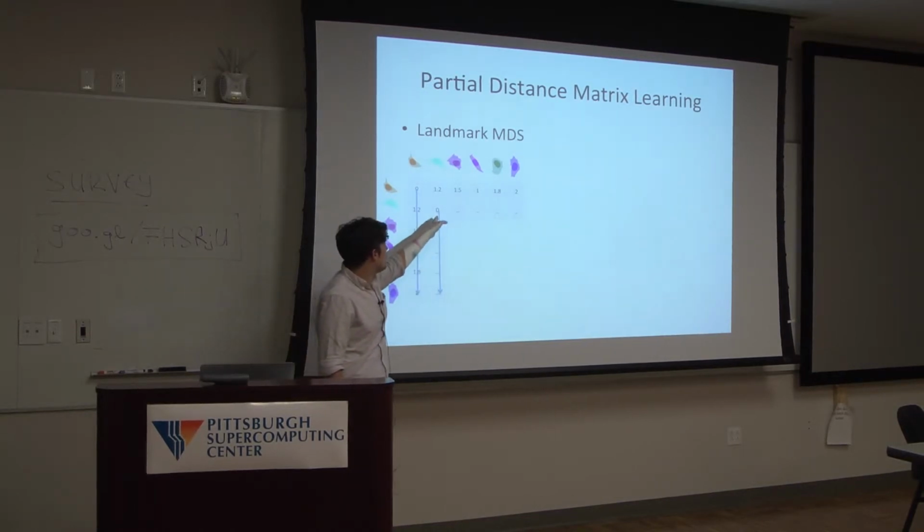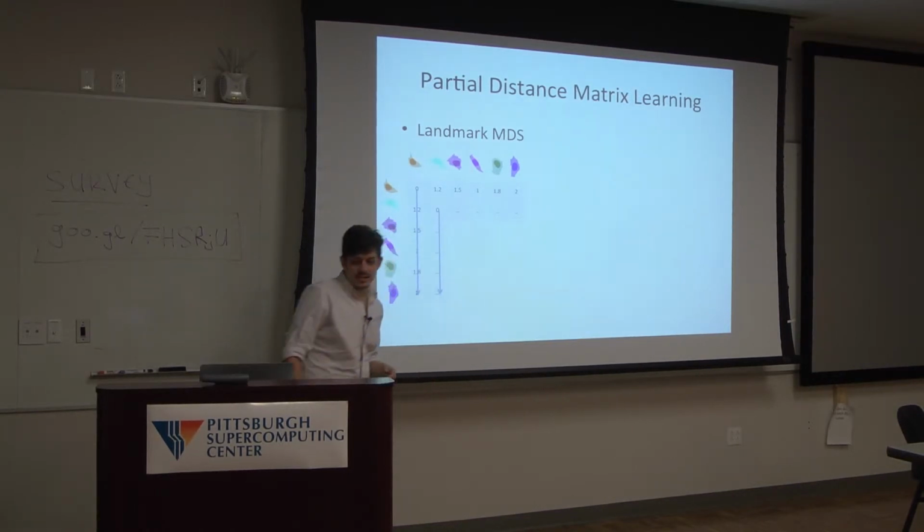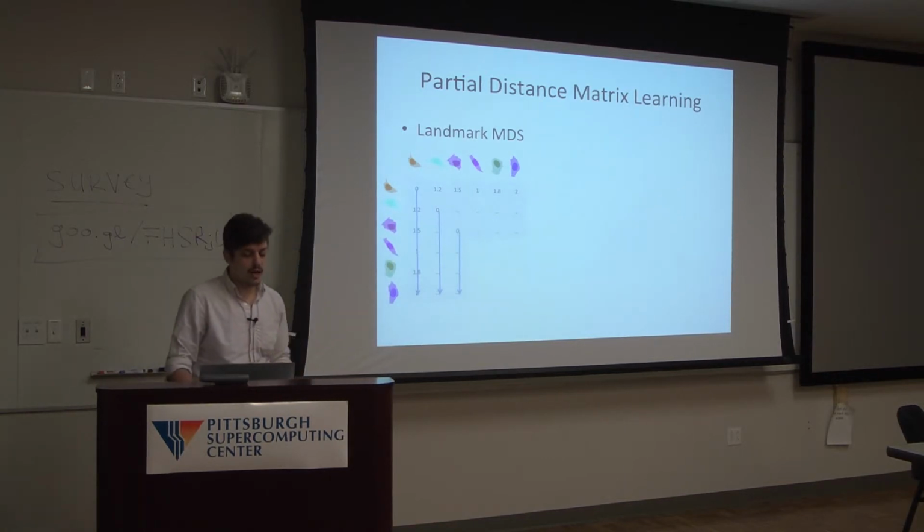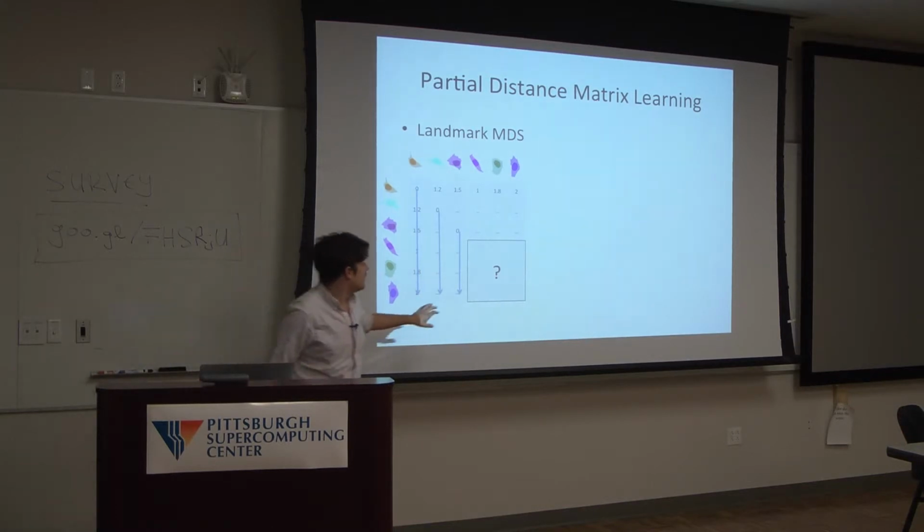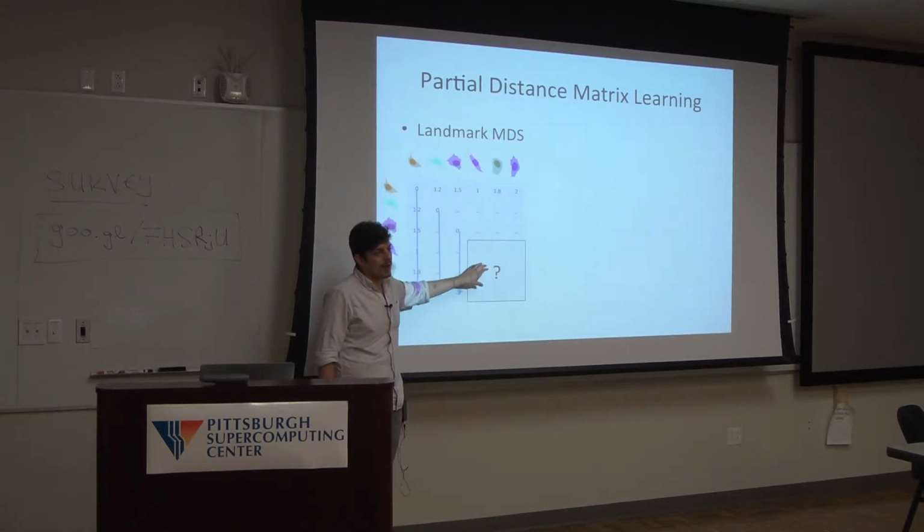The next cell is another landmark cell. And this goes on. But of course, filling out a very large matrix will take a lot of time. So we want to be able to approximate a region of this distance matrix, even though we may not have seen it.